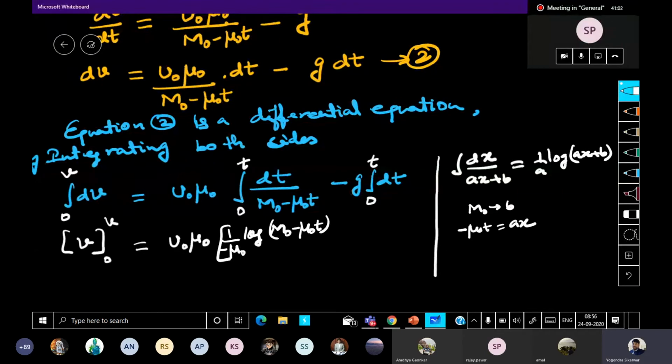Whatever multiplies with x goes in the denominator, so 1 upon a came here. Here t is our variable, so whatever is multiplying with t, which is minus mu naught, goes in the denominator.